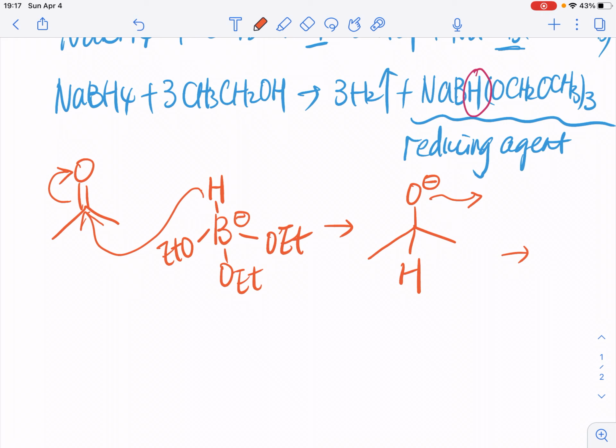Since we're going to be producing a propanol in the end, your alkoxide has to be protonated somehow. You may use water. There is a small amount of water.